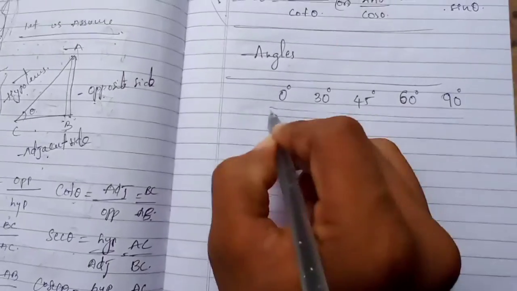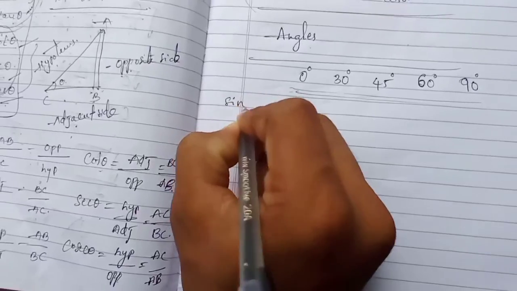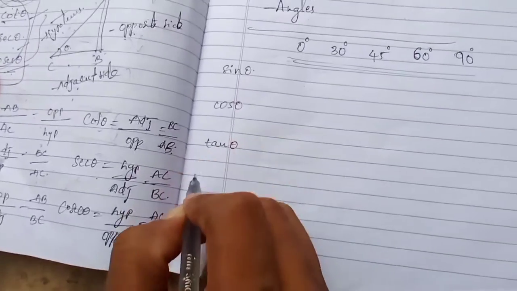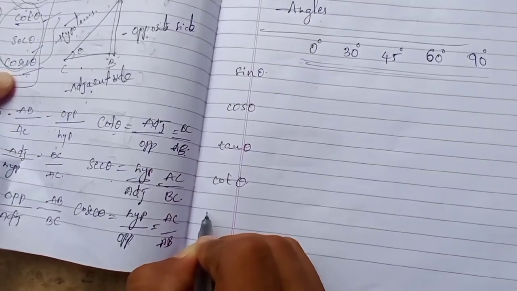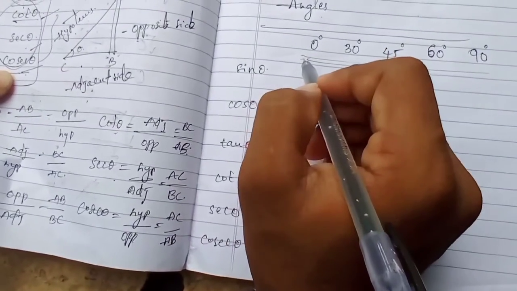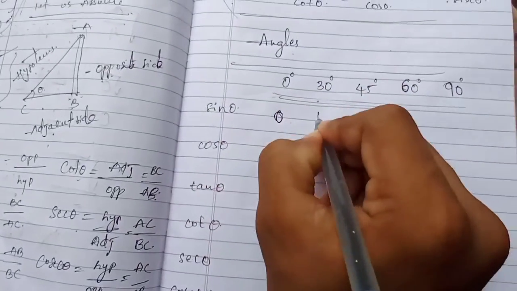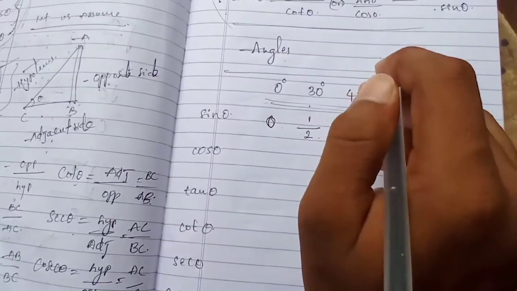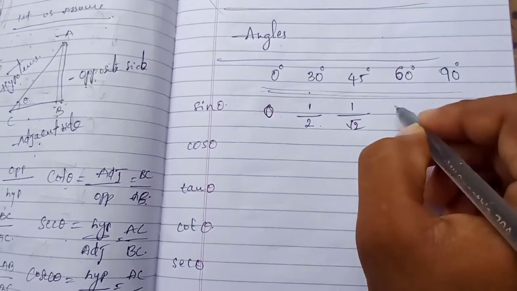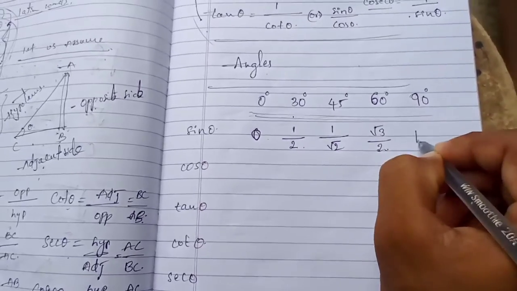The ratios are sin theta, cos theta, tan theta, cot theta, sec theta, and cosec theta. Sin 0 equals 0, sin 30 equals 1 by 2, sin 45 equals 1 by root 2, sin 60 equals root 3 by 2, and sin 90 equals 1.